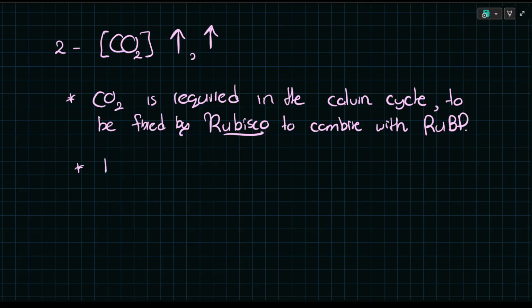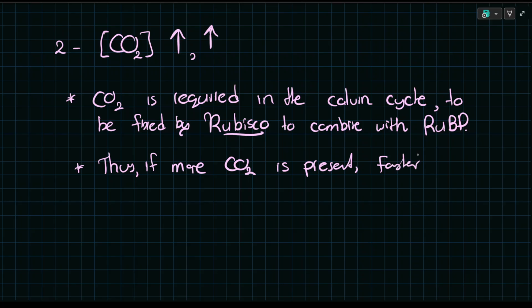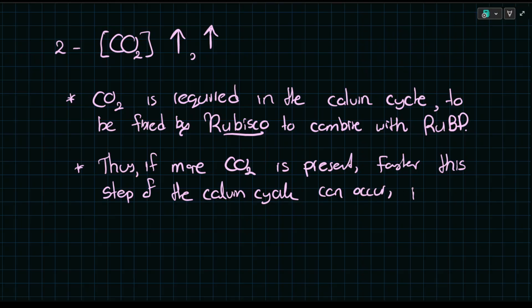So simply put, if more carbon dioxide is present, this step of the Calvin cycle can occur faster. That simply means that the overall rate is going to increase.